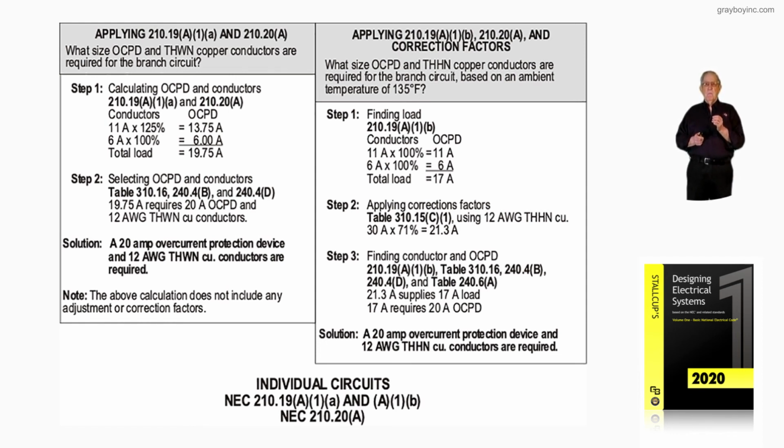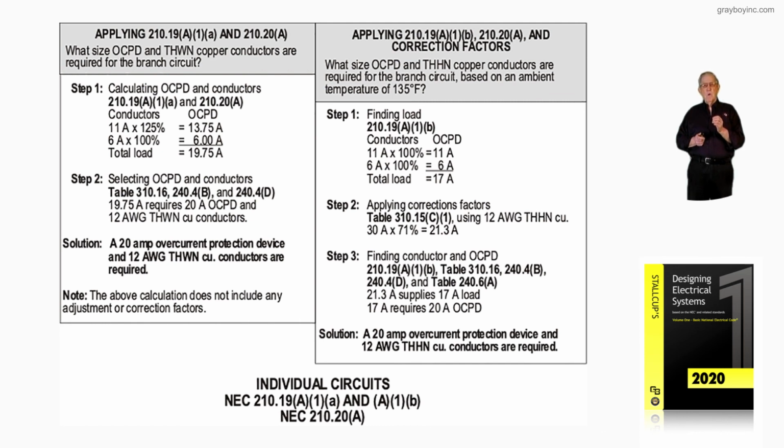Now, when we apply then that 71% from our table 310.15(C)(1) using number 12 THHN copper conductors, 71% would be selected based upon the 135 degrees Fahrenheit that we place in a group of temperature ratings from our table 310.15(C)(1). So after the application of the 71% times 30 amps, we come up with 21.3 amps. Now the question has to be applied.